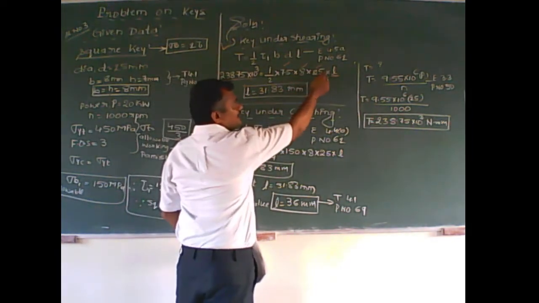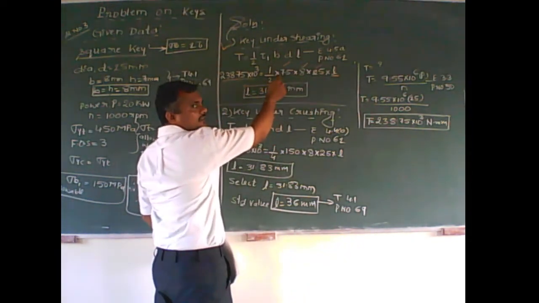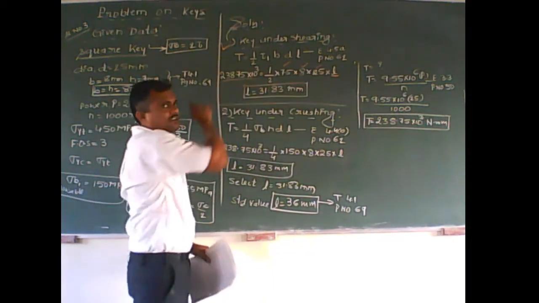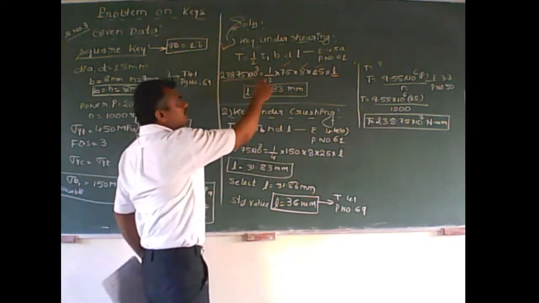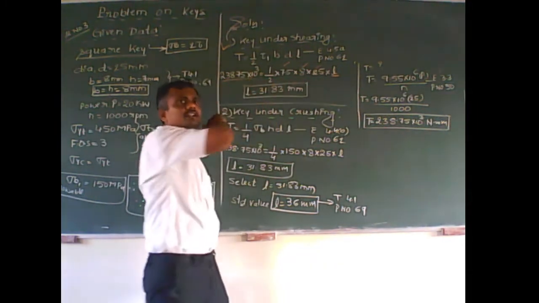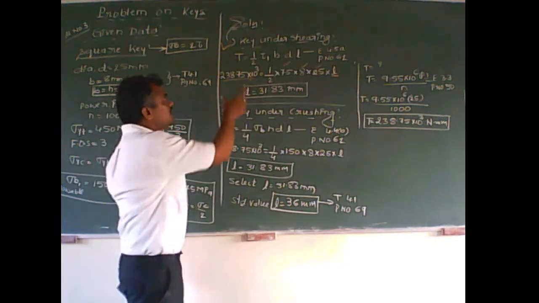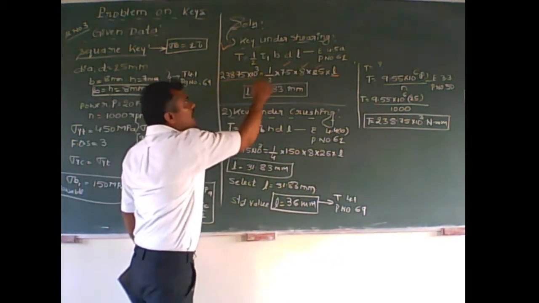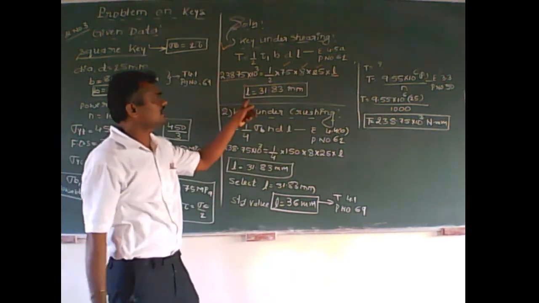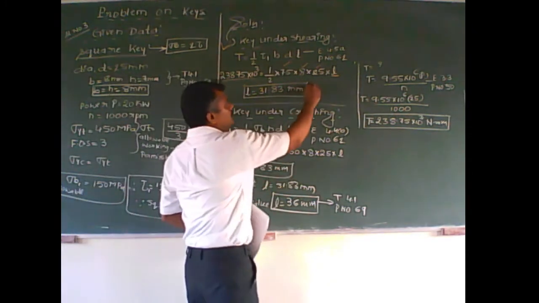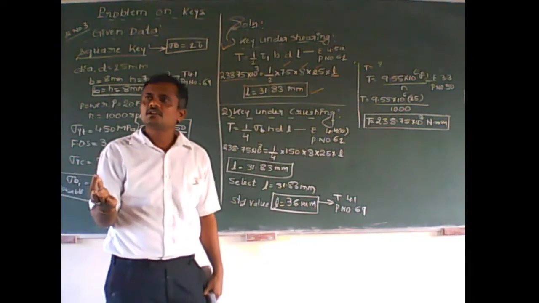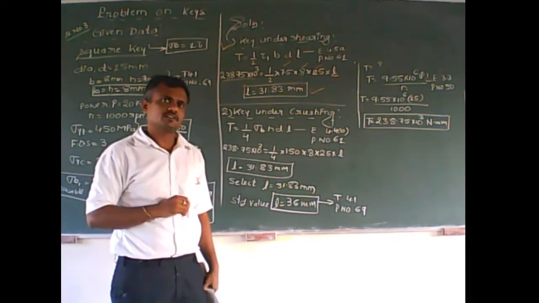With this L, these values are multiplied. When it goes to the left hand side, it becomes a divide. And this 2 is divided by L, and when it goes to the left hand side, it becomes multiplied, so that this value multiplied by 2 and the whole value divided by these things. And you are getting the answer 31.83 mm. This is one value of L by considering the shearing strength.